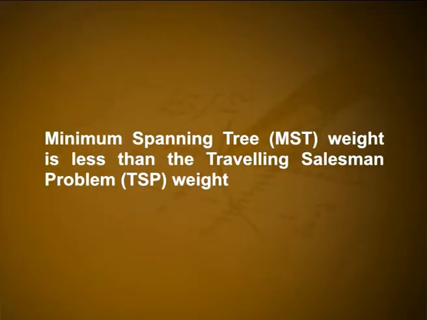Note that if you have a path visiting all points exactly once, it is a special kind of tree. If you have a path visiting some vertices more than once, you can always drop some edges to get a tree. So, in general, the minimum spanning tree weight is less than the traveling salesman problem weight because it is a minimization over a strictly larger set.